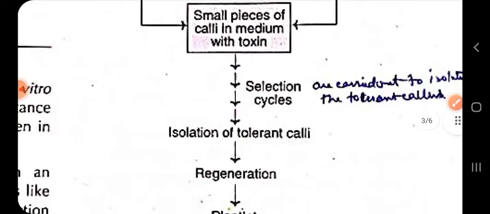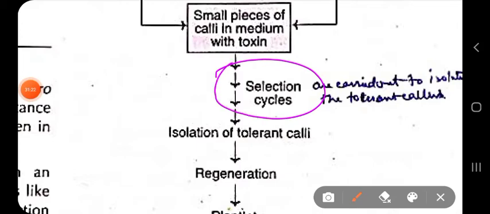So after several selection cycles, it is not so huge compared to without in vitro selection, because here we are just screening those explants which are able to withstand the inhibitory or toxic substance given in the medium.